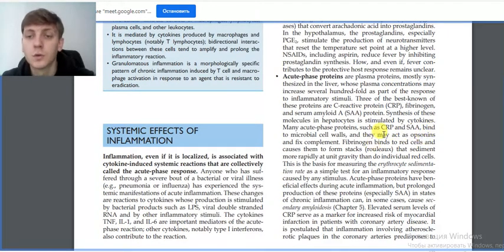What's the role of them? C-reactive protein and serum amyloid A proteins bind to microbial cells, which assists in the complement reaction.